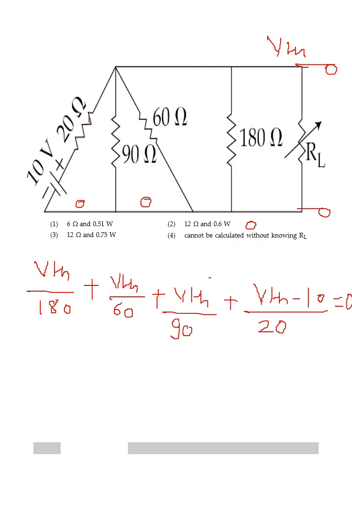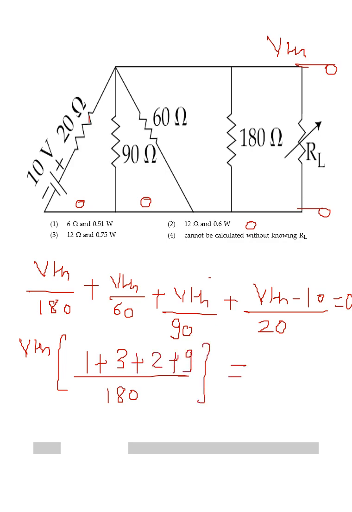Now let us calculate that. The LCM will be 180 here, so VTH times (1 plus 3 plus 2 plus 9) over 180 is equal to 10 by 20.